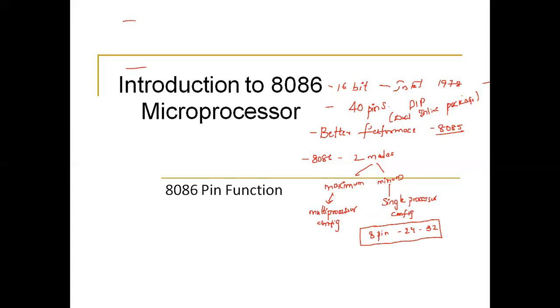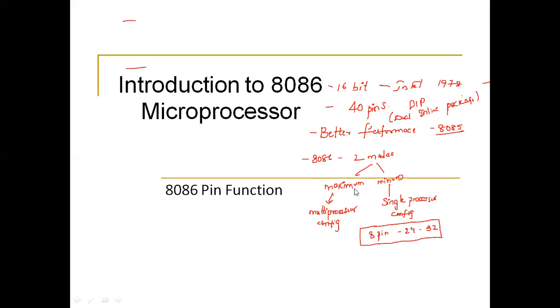This 16-bit microprocessor was developed by Intel in 1978. It has a 40-pin DIP, that is, dual inline package. The 8086 microprocessor is much better compared with the 8085, because it can be used in two different modes: the maximum mode and the minimum mode.